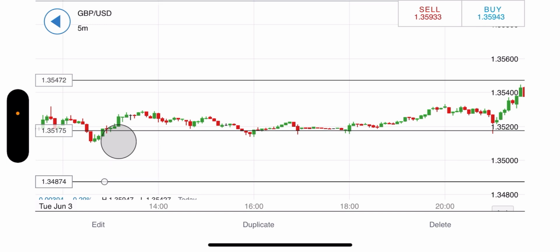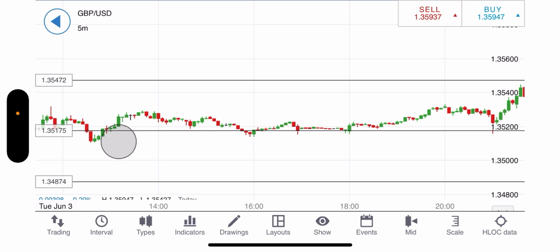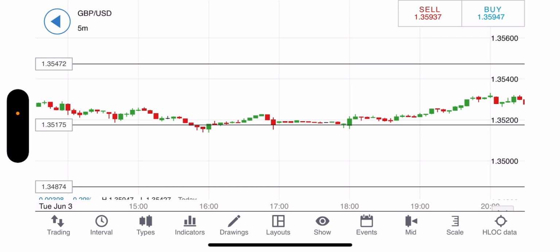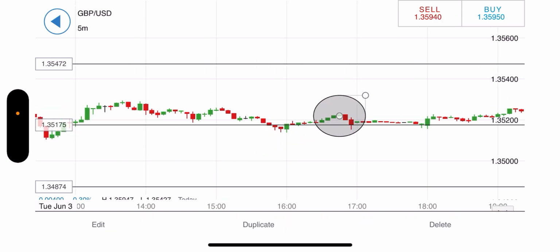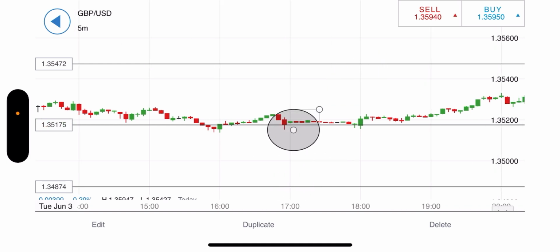There we go. Okay, 874, close enough. Okay, so now this is the close of Tuesday at 1700 that we can see right there. Close of Tuesday. We have our 30 pips if it goes up, 30 pips if it goes down, and right on the close.